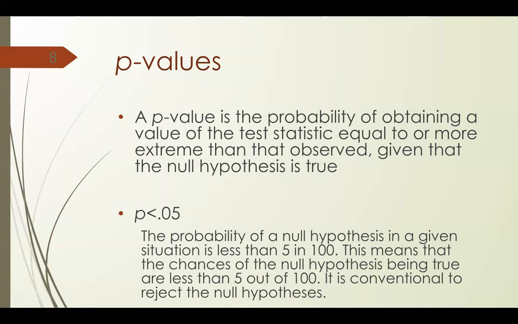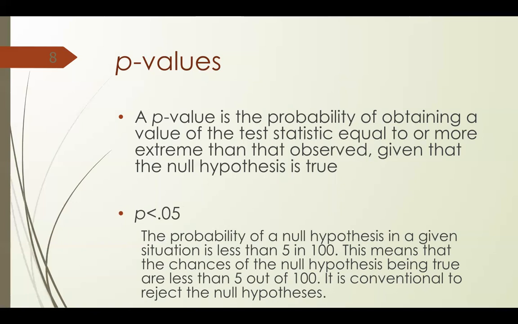You can also say that 5% of the time, the result we observed could be due to chance, and 95% of the time, it's probably not due to chance. Because 95% is huge enough, we are confident to say this works 95% of the time.